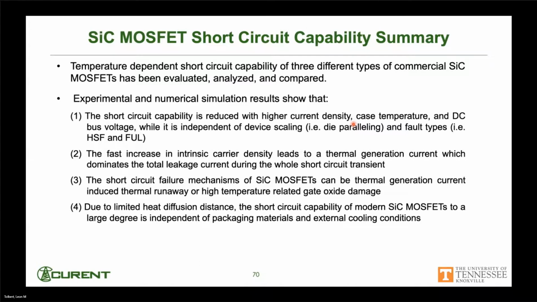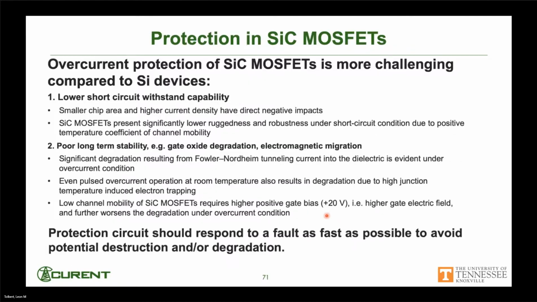And so it's been something that I think has limited its usage, because some people are saying, well, we need it to be more rugged for things like short circuit currents. And the mechanisms there, some of the things you worry about are the thermal runaway or the gate oxide damage. And so that is something that's concerning, and why we then started looking at protection.